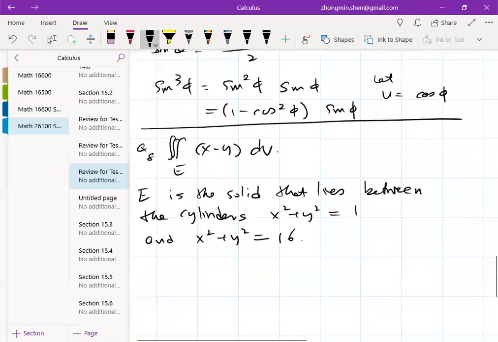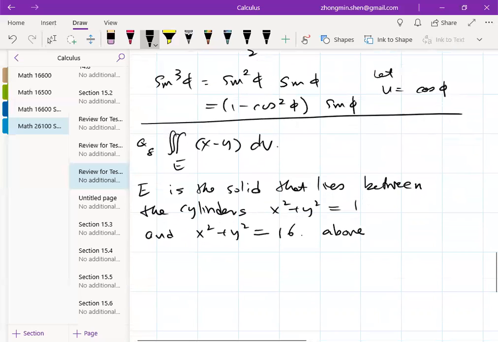It is also above the xy plane and below the plane z equals y plus 4.